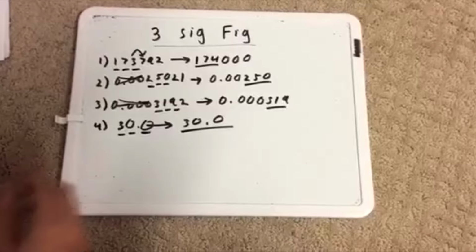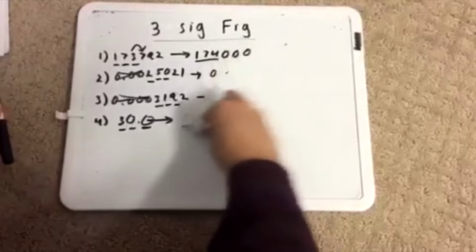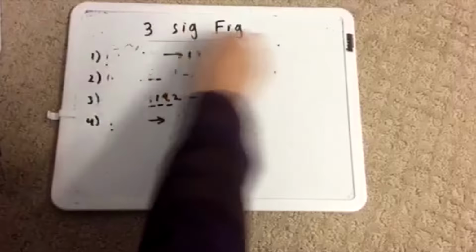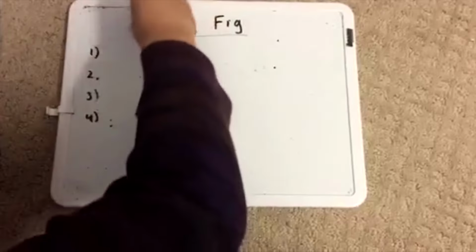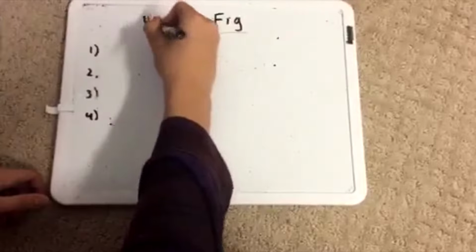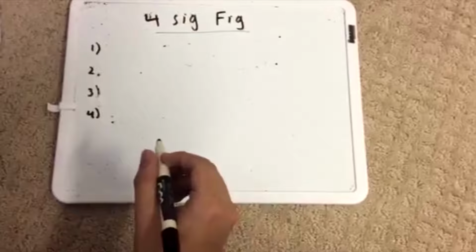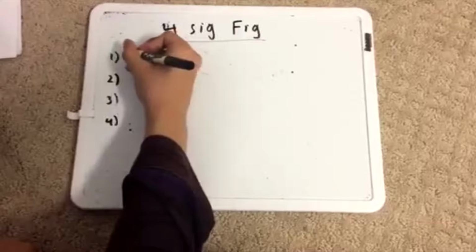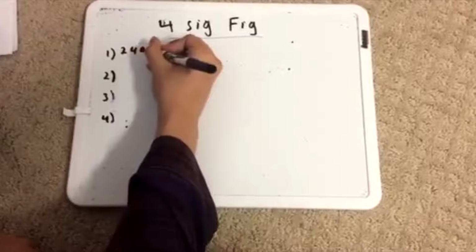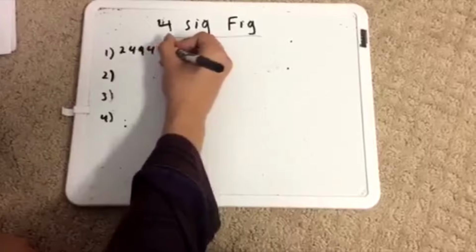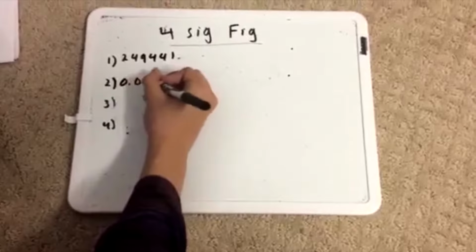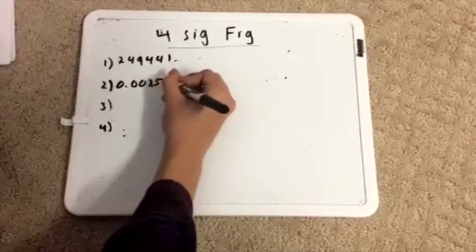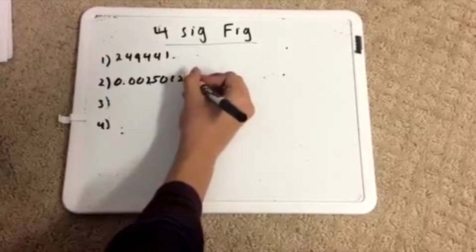Alright, so now I'm going to make 4 more problems for you to answer. But this time, I want you to find 4 significant figures in the numbers I'm going to show you. For number 1, it would be 2, 4, 9, 4, 4, 1. For number 2, it would be 0, 0, 0, 2, 5, 0, 1, 2.